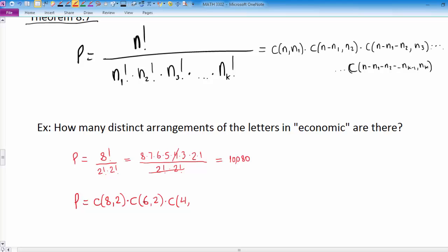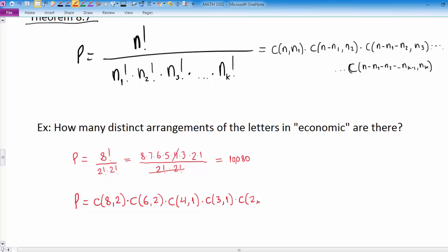Then the remaining number of slots is 6. Now we pick 2 for the letter O. The remaining number of slots is 4. Now we're going to pick 1 out of those 4 for the letter E, because there's only one letter E. Now the remaining number of slots is 3, and out of those 3, we pick 1 for the letter N. Now the remaining number of slots is 2.